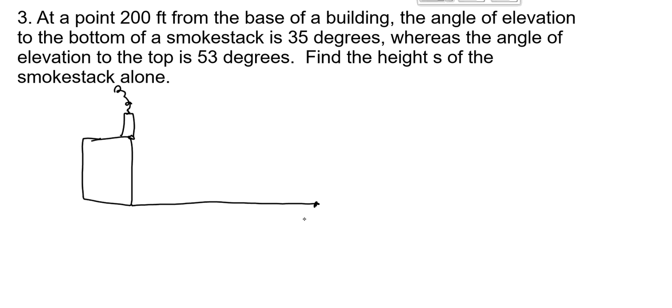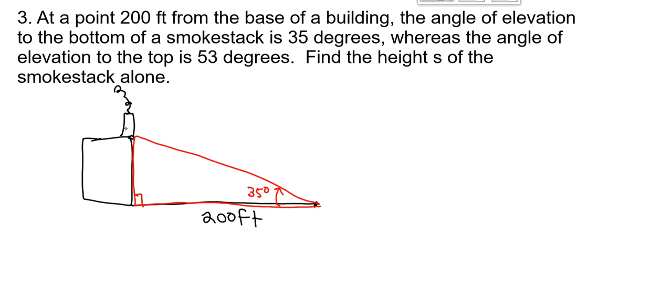So from this point, it's 200 feet to the base of the smokestack. And I'm going to color code these. So to the bottom of the smokestack, I'm going to get this right triangle. And that angle of elevation is 35 degrees.